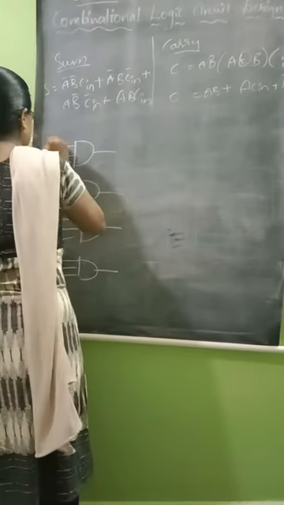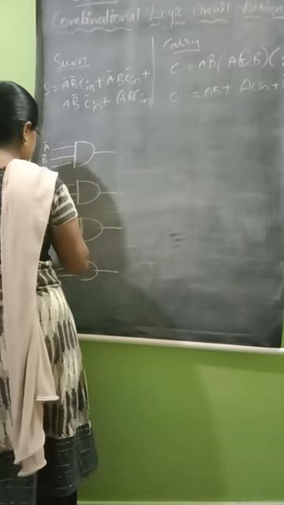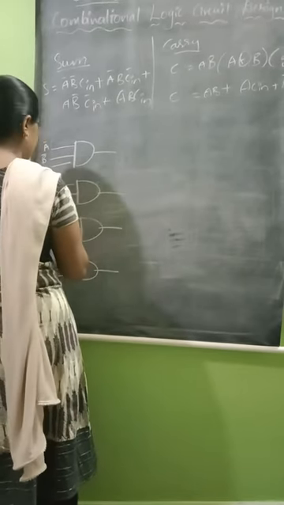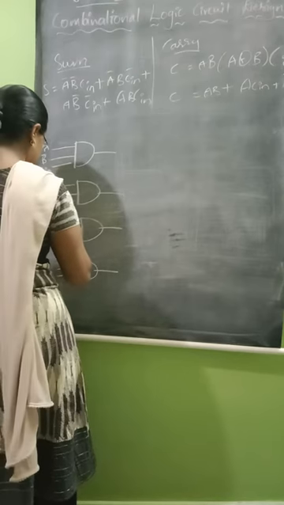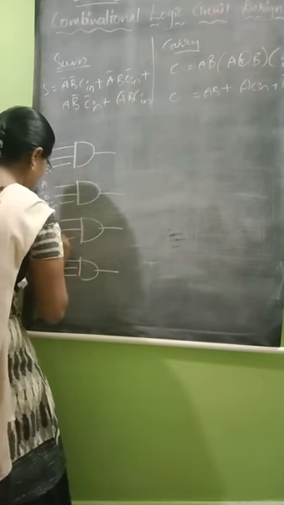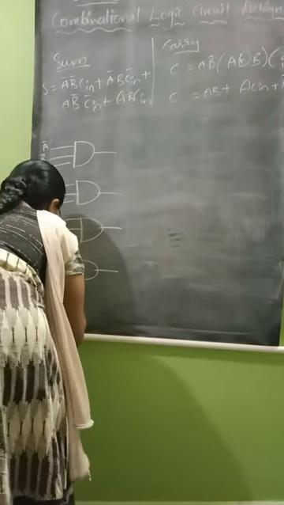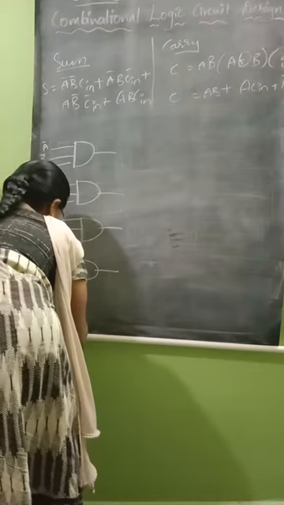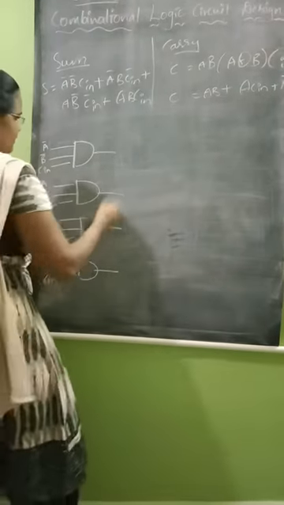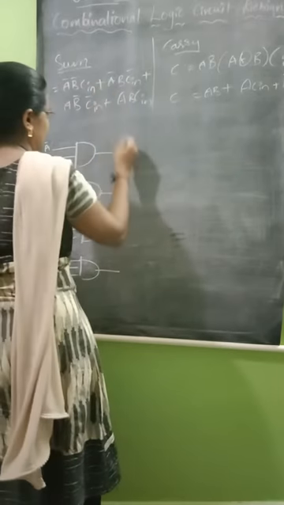The first one is A bar, B bar, C in, the second one is A bar, B, C bar in, the third one is A, B bar, C bar in, and the fourth one is A, B, C in. Here the OR operation is there.